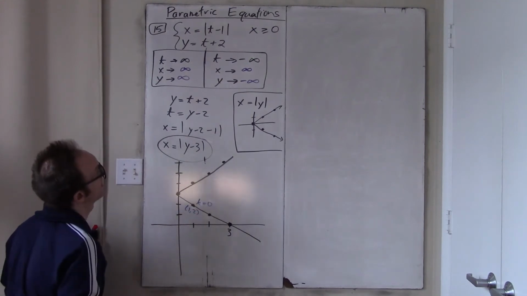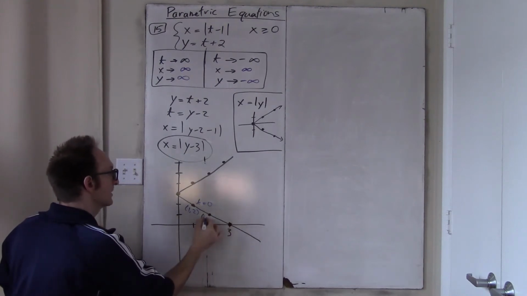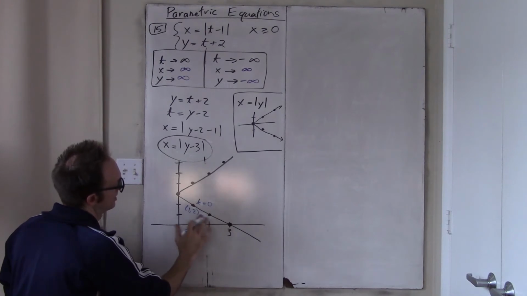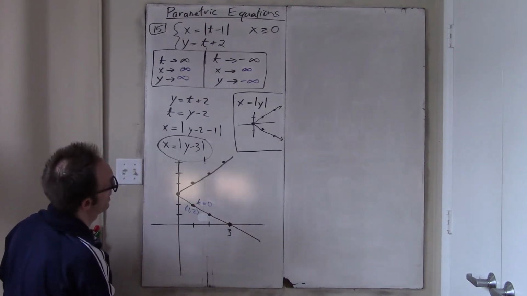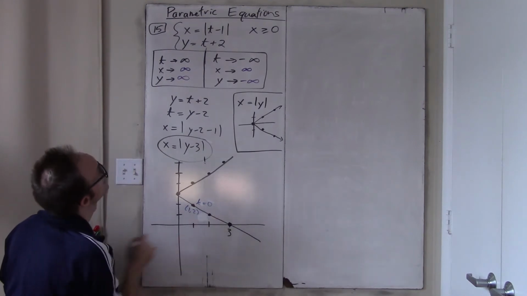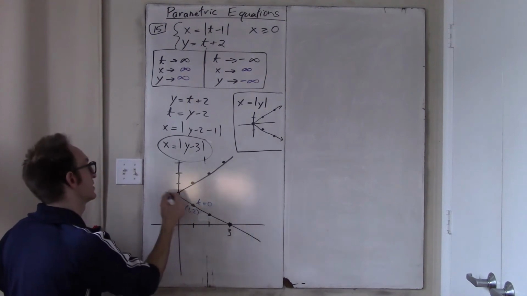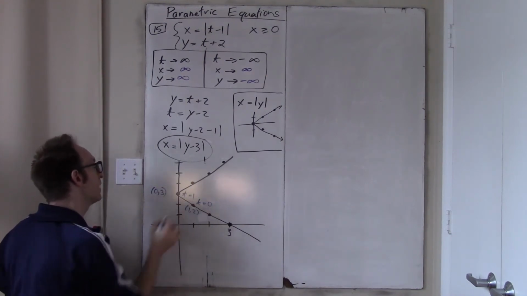Well, how about when t is 1? Sorry, I did something wrong. When t is 0, I'm at 1, 2. When t is 1, I'm at 0, 3. So I'm here, 0, 3 at t equals 1.